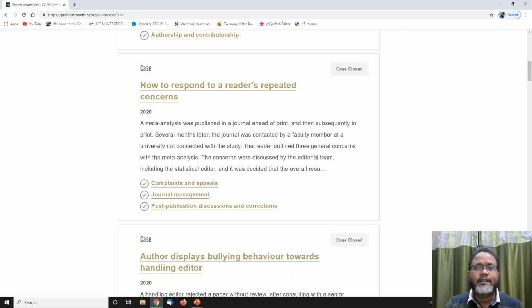The next thing is the case study: how to respond to a reader's repeated concerns. There are complaints and appeals, journal management, post-publication decisions. Suppose you have submitted something, but different types of complaints are raised. You can go for appeal, deal with the journal management, then post-publication discussion and corrections, all these things.